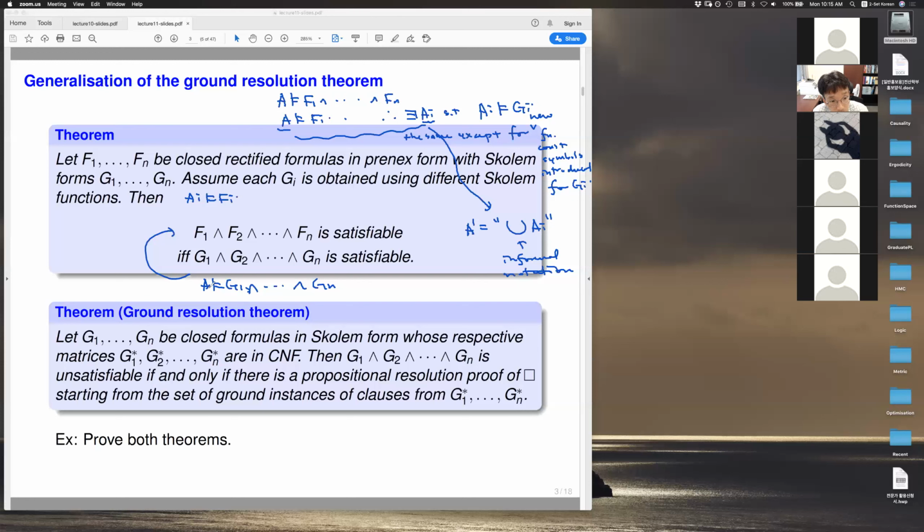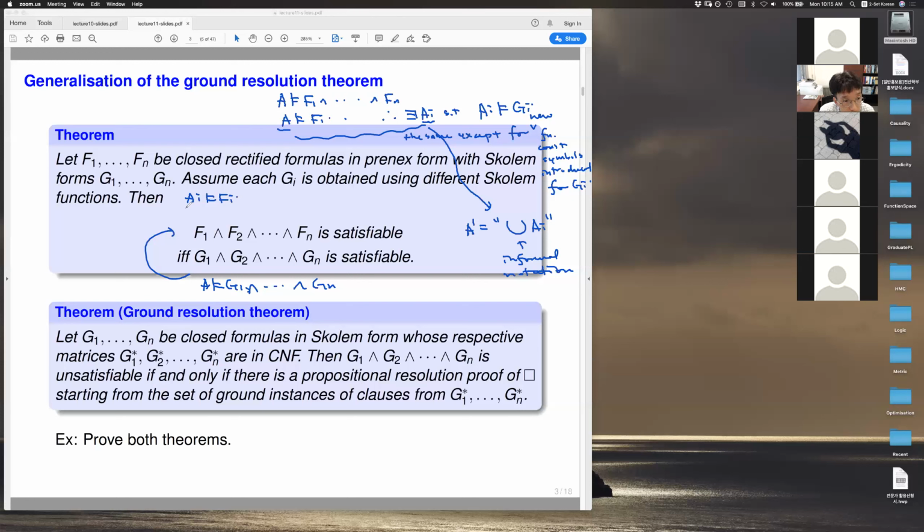What that means is that the Ai for F1, the Ai for F2, and so on can all agree. They are not exactly the same, but they are obtained by restrictions.